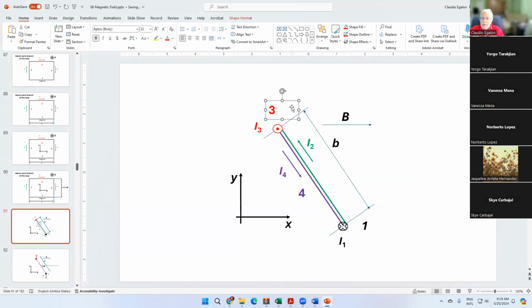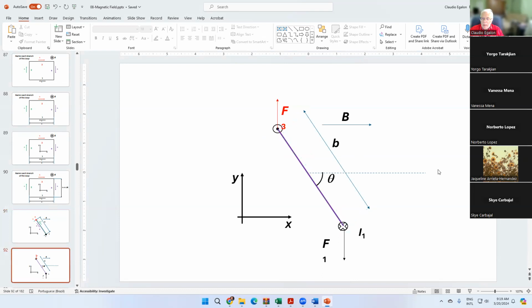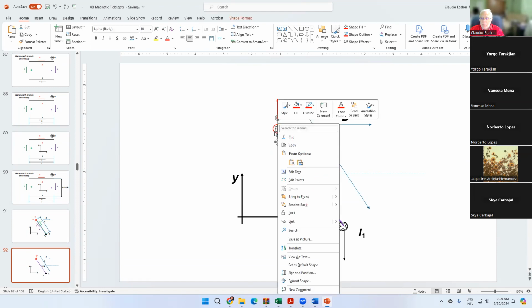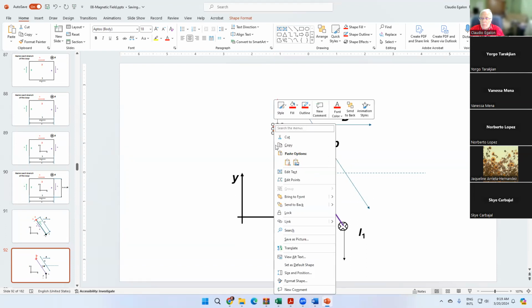Okay, now I have it the way I want. I will replace this one here with the red.